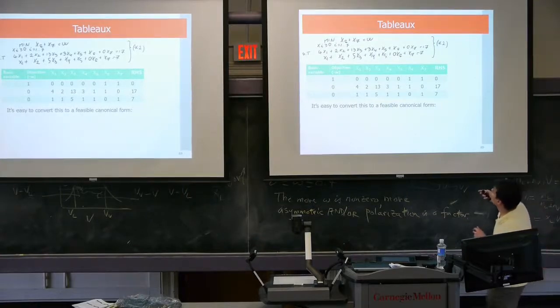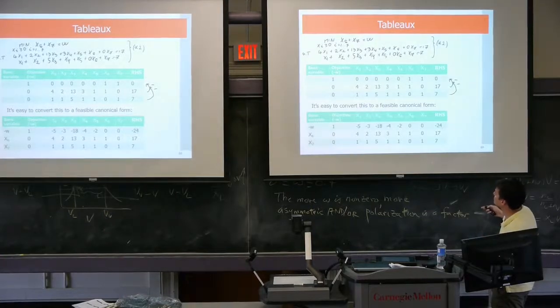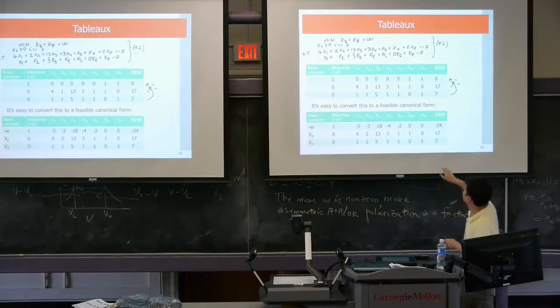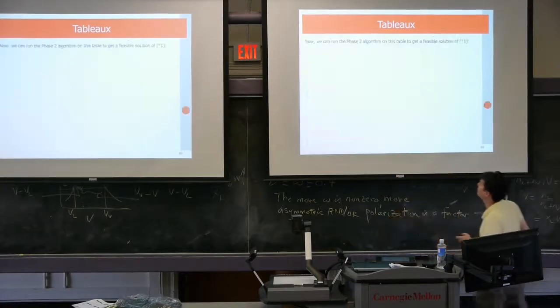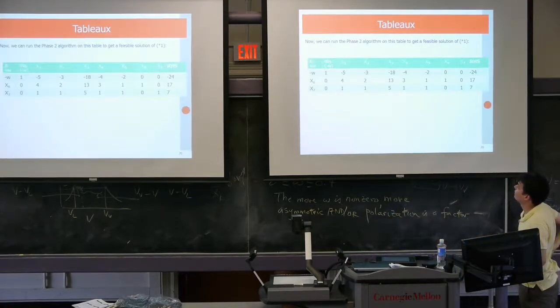Now what you can notice is that it's easy to rewrite this to a canonical form, because you just need to subtract this equation and this equation from this equation, and then you will get a canonical form with respect to x6, x7, and the objective variable.